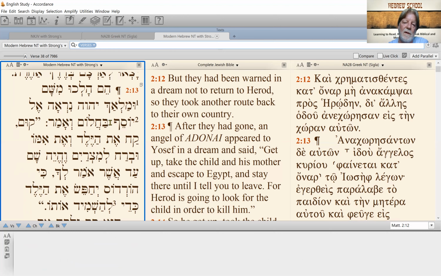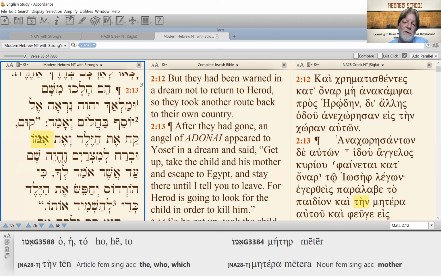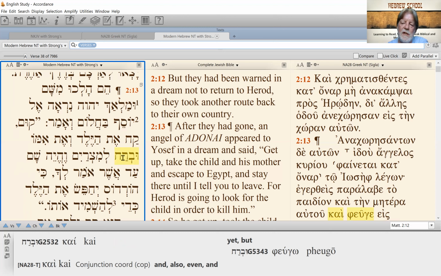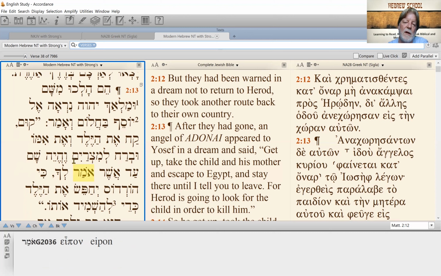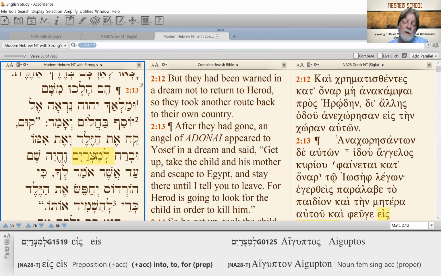The ets here are the direct object indicators. So take the child, va'et imo, ubarach, to flee, to get out of town. La Mitzrayim, they're supposed to go to Mitzrayim. Mitzrayim is the Hebrew word for Egypt. Doesn't sound anything like the word Egypt, does it? So the angel tells Joseph to take the child and his mom and go to Egypt.